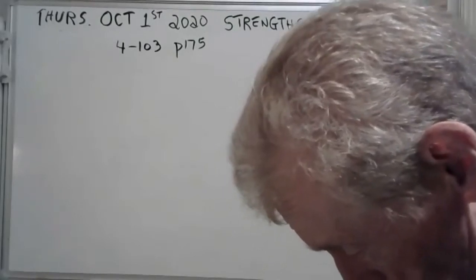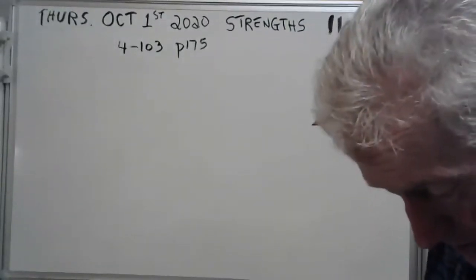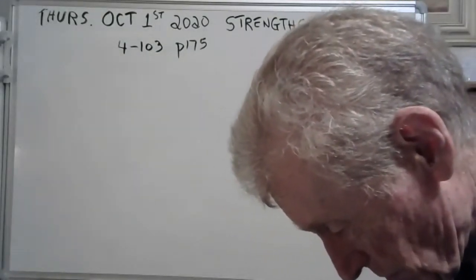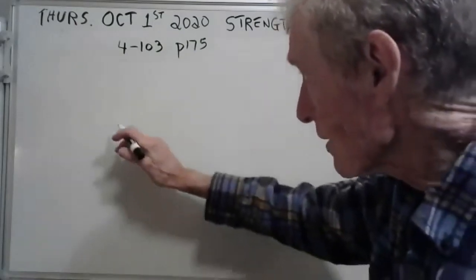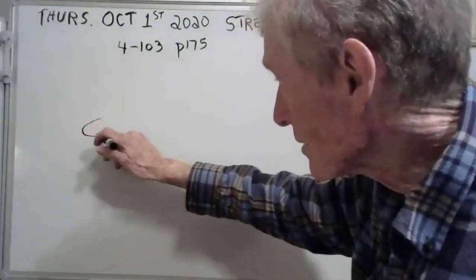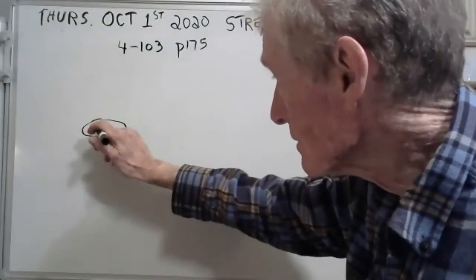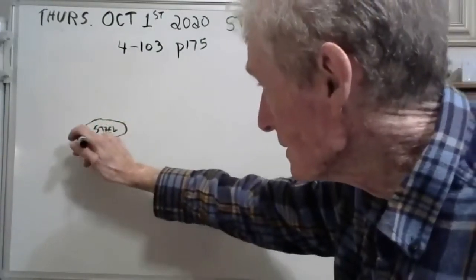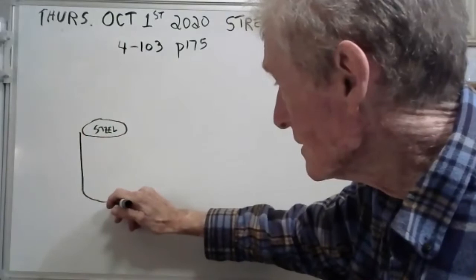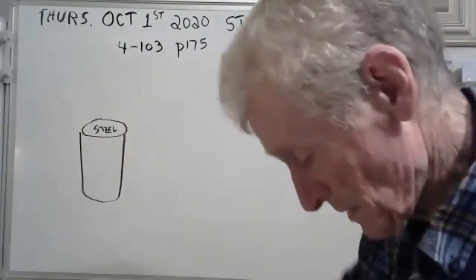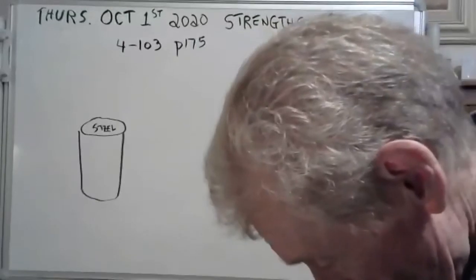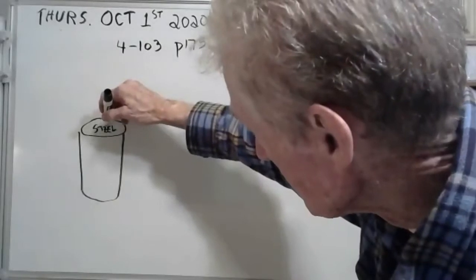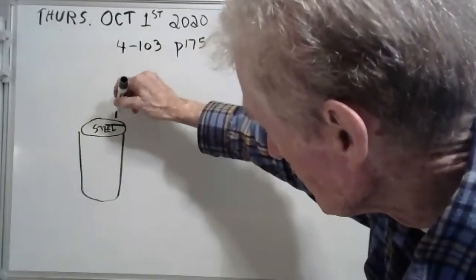It's a different type of aluminum, but it has an A36 steel core. Well, here, let me draw it. They've got an A36 steel core, and it has a radius of 1 inch.